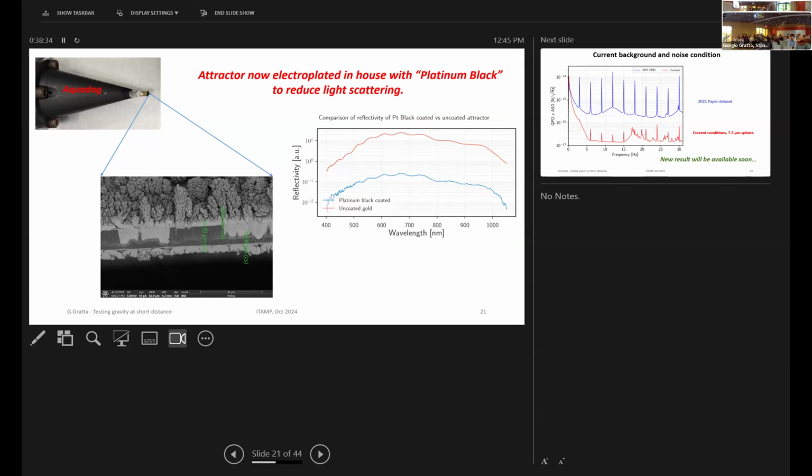You grow this kind of fractal surface, which is very absorbent. Sure enough, you can see that this is a blank attractor with gold surface, and as a function of the wavelength, that's how much reflection there is. And this is the platinum black, which is 2 orders of magnitude less reflective.